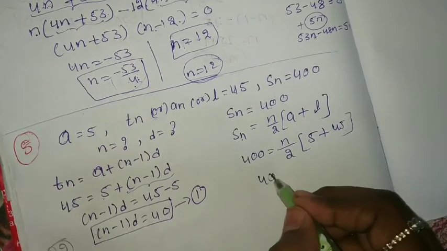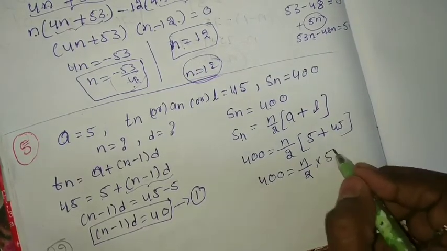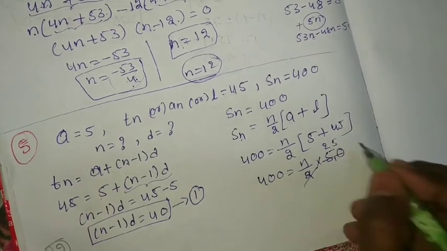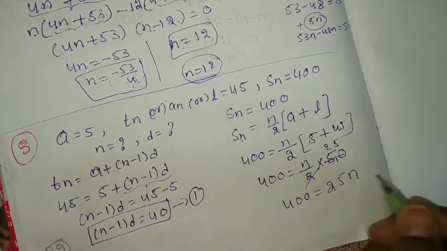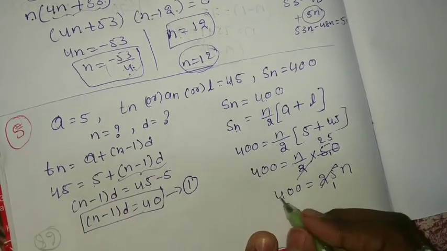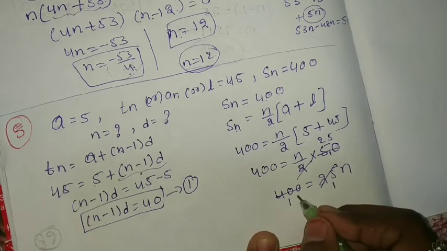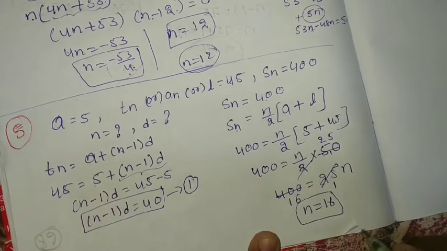So 400 is equal to n by 2 into 45 plus 5. We get 50. 2 2s are 4, remaining 1, 2 5s are 10. So 400 is equal to 25n. Now you can cancel: 25 ones are 25, 25 sixteens are 400, so n is equal to 16.